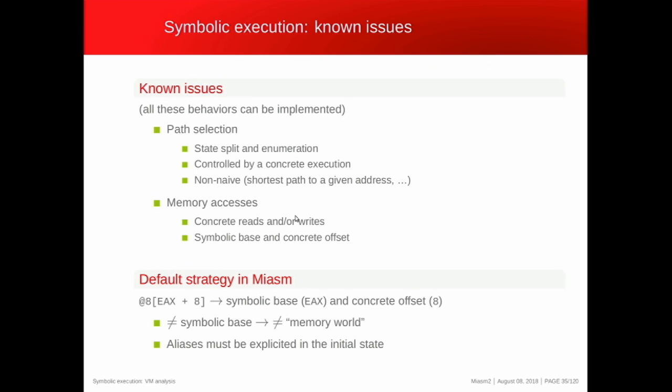In Miasm, the problem is solved using a dictionary: when you have a symbolic memory base like this, we split it into the symbolic part and the concrete part. And in Miasm, only memory based on the same symbolic base can interfere together. This is a bit different from the real world, but it solves some problems.